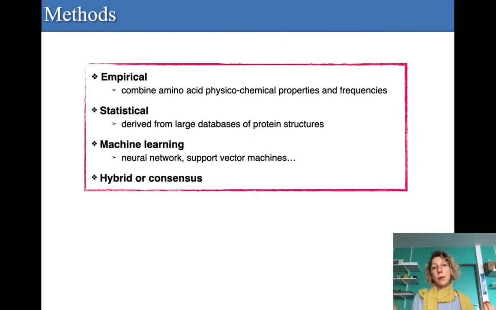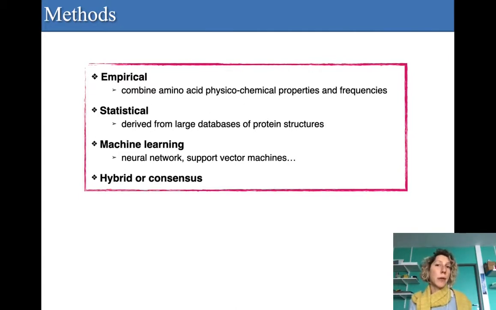You have statistical methods, which are more agnostic, maybe. They just use the information we have in structural databases to derive some statistics and then predict based on these statistics.